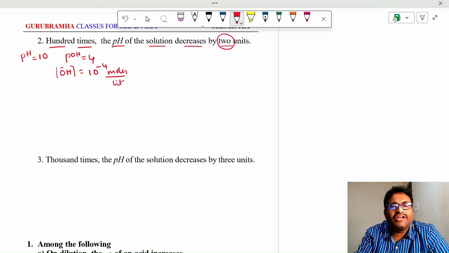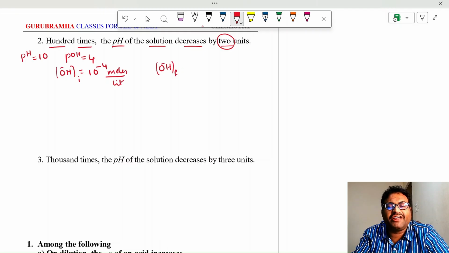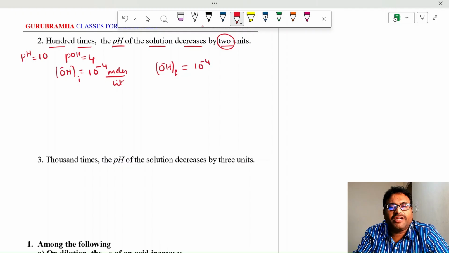Now this is the initial OH minus concentration. Now I am taking the OH minus ion concentration final. What is the meaning of final here? After dilution. So that is equal to 10 power minus 4 moles by, you are diluting it how many times? 100 times. That means 100 liters per 1 liter.